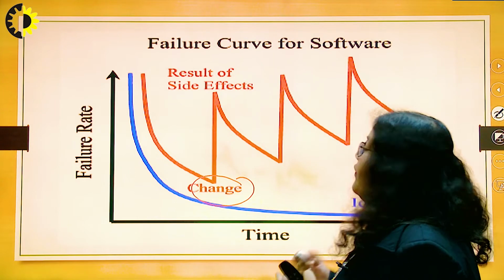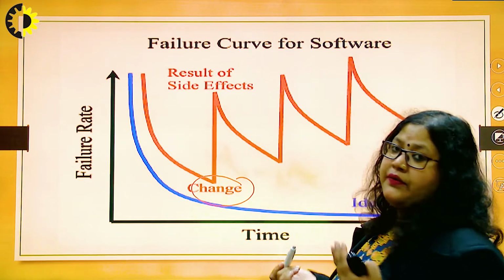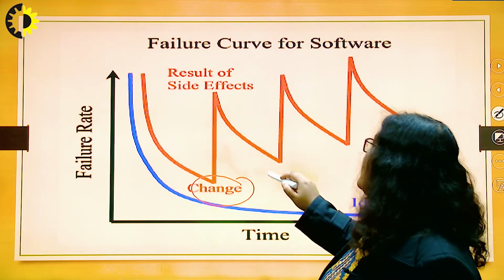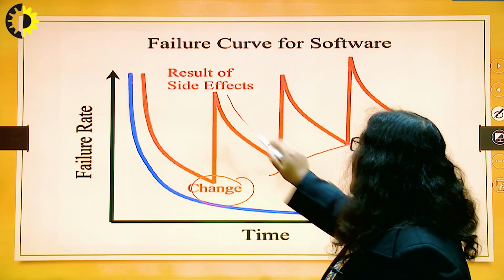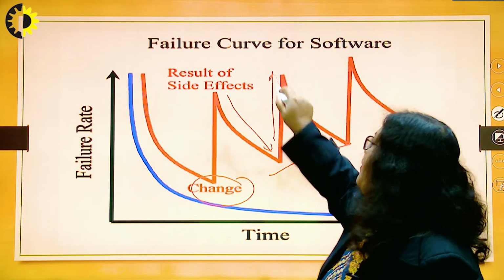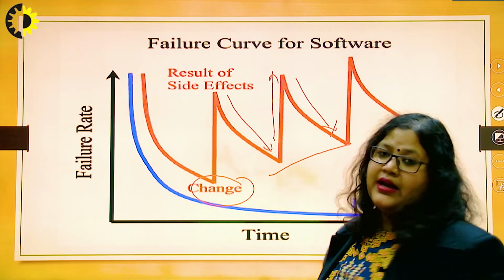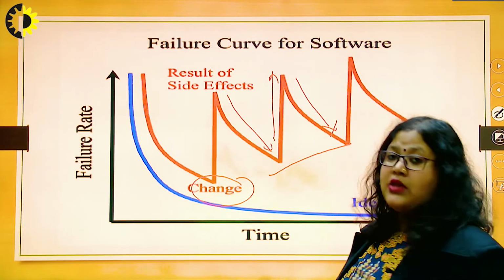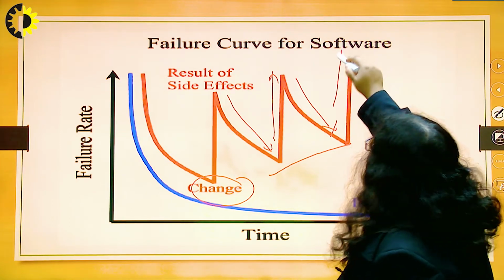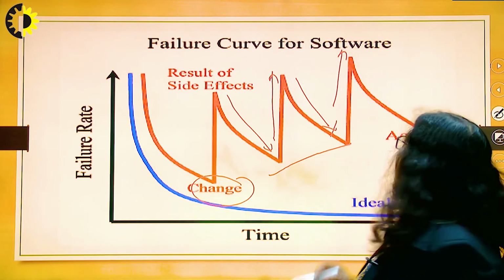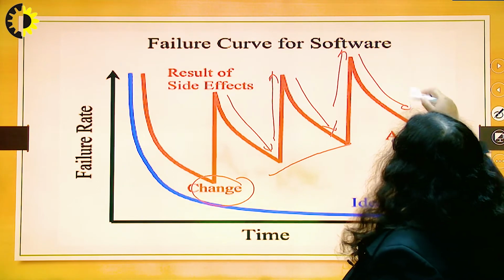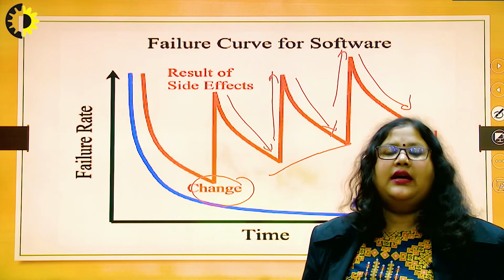After the result, we find that after some changes we go down, but sometimes we go up. Then again, when we change the software, we go down. Then again we go up, and at this condition we find the actual product that we want.